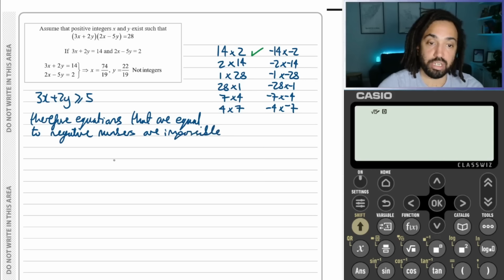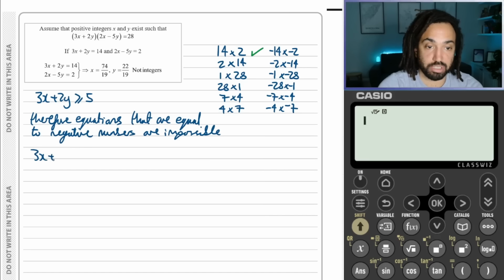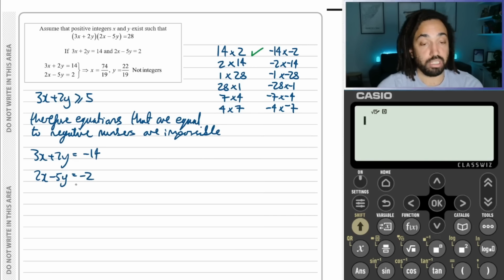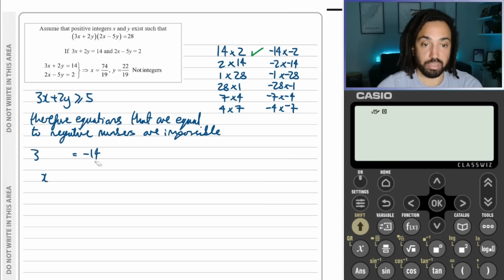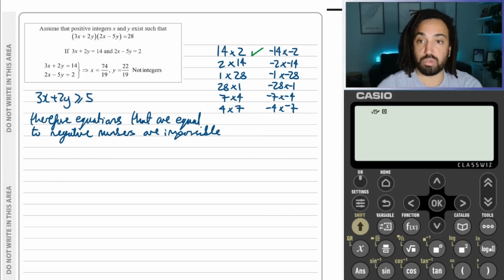Okay, so there's no point us writing, for example, 3x plus 2y is equal to minus 14, and then 2x minus 5y is equal to minus 2, because we know that 3x plus 2y must be positive. So what we can do is get rid of all the ones on the right hand side here. Those have been checked. They're never ever going to work.